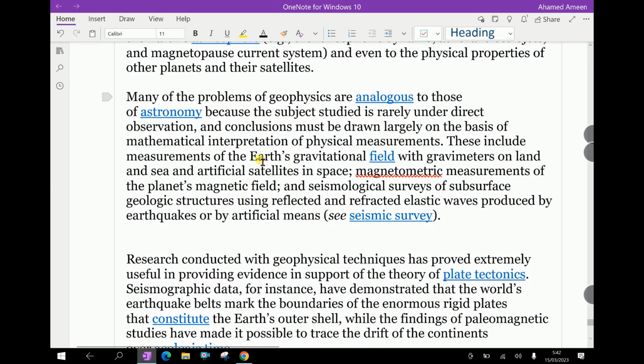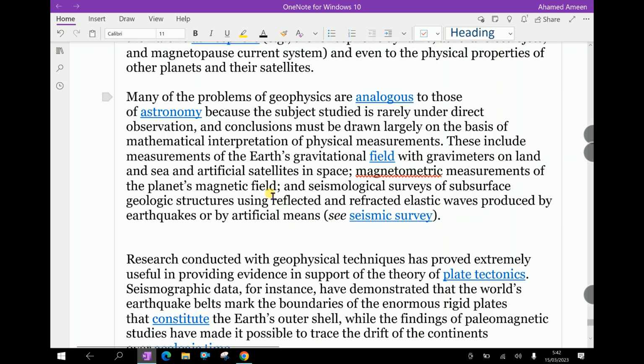Many of the problems of geophysics are analogous to those of astronomy because the subject studied is rarely under direct observation, and conclusions must be drawn largely on the basis of mathematical interpretation of physical measurements.